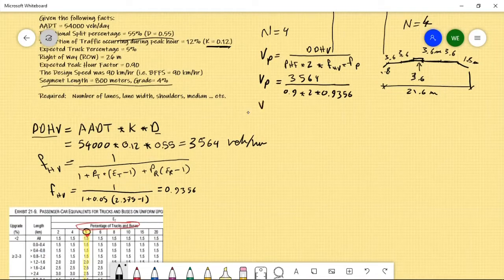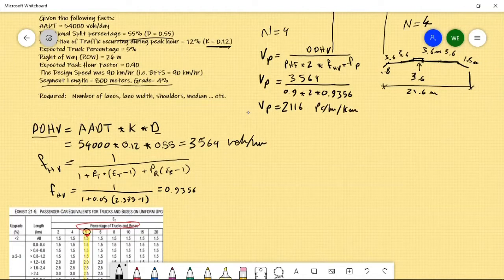So VP equals 2,116 passenger car per hour per kilometers.